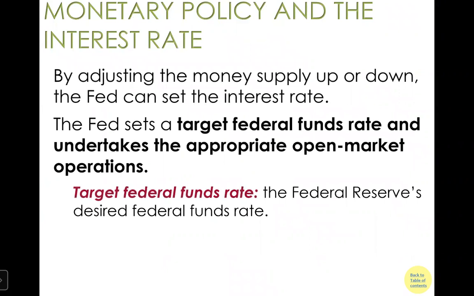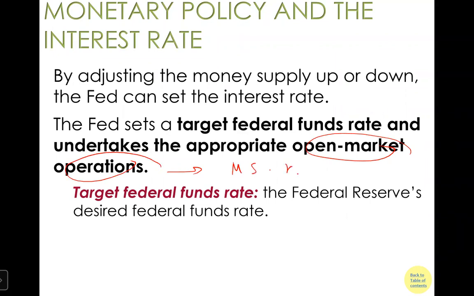Now, from the discussion here, you can see what the Fed can do is to undertake appropriate open market operations. Because open market operations are going to change the money supply, right? Through what?